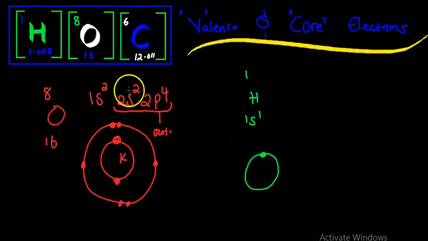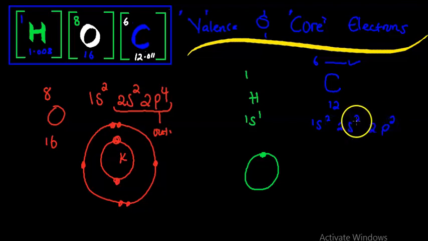The next one we have here is carbon. If you notice on the top of carbon, we have 6, which is the atomic number, also the number of electrons and protons. Down here we have 12, which is the mass number. The electronic configuration for carbon is simply going to be 1s2, 2s2, and 2p2.